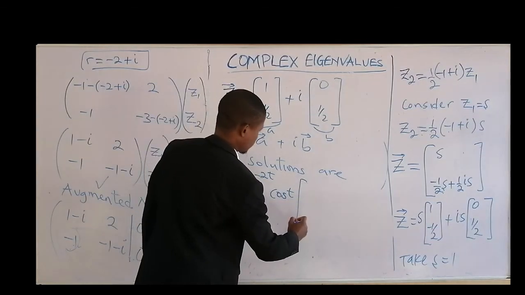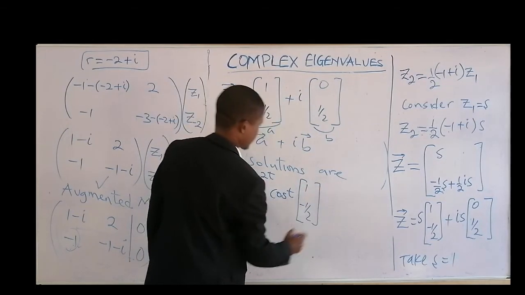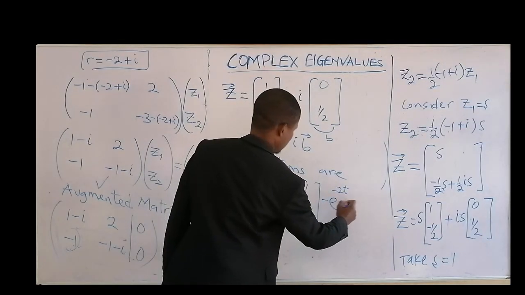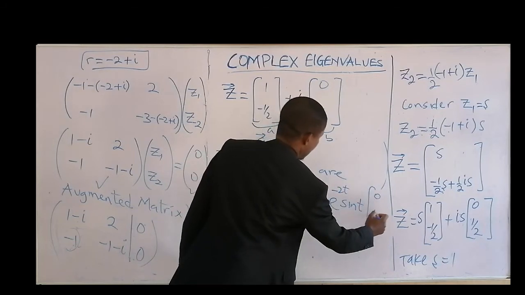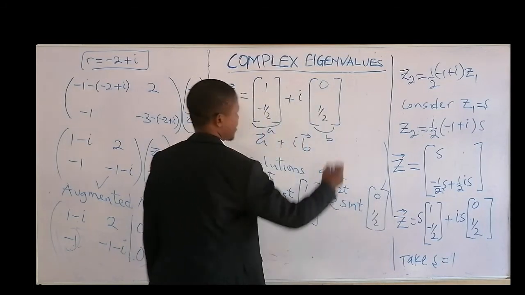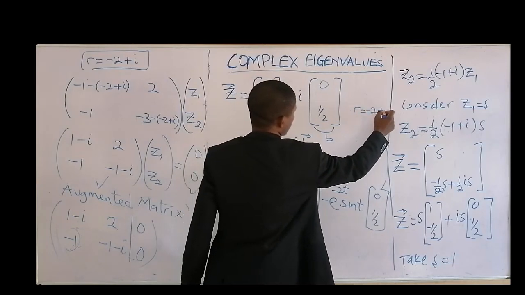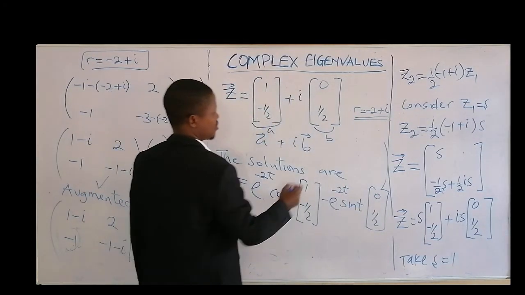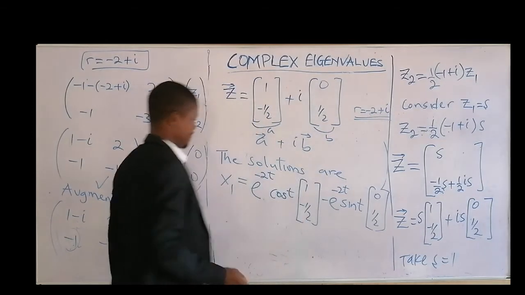My a is 1, minus half, then minus exponential minus 2t sine t, and then vector b is 0, half. Don't forget the eigenvalue we have, which is minus 2 plus i. So that's the eigenvalue we are using. So the real part is the alpha, the coefficient of i is beta.